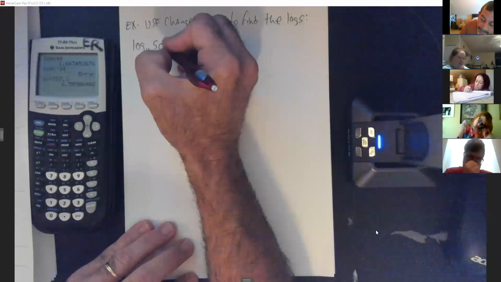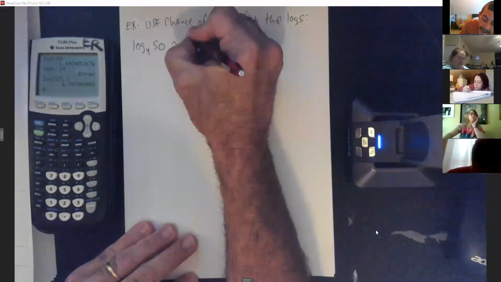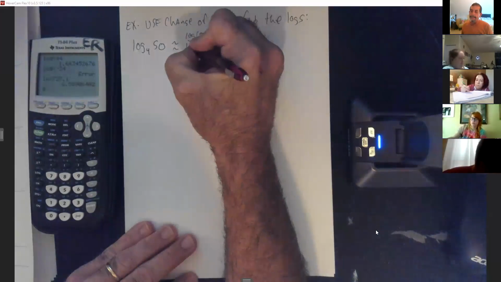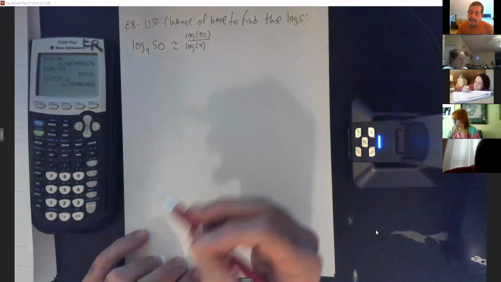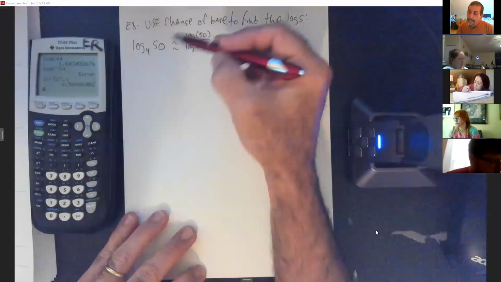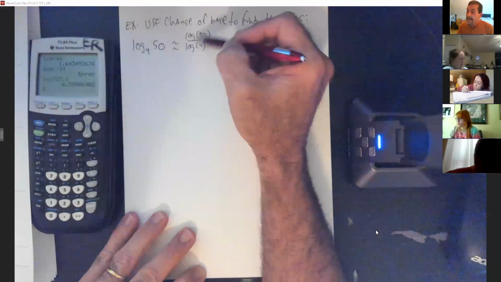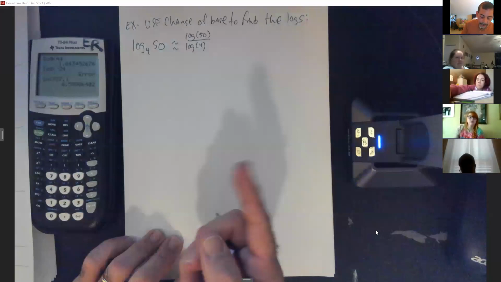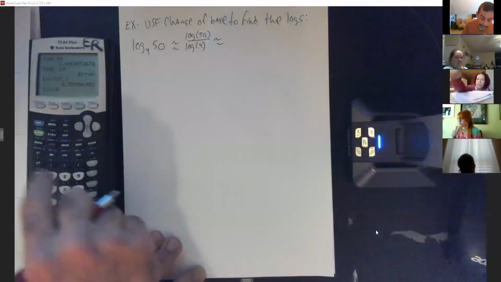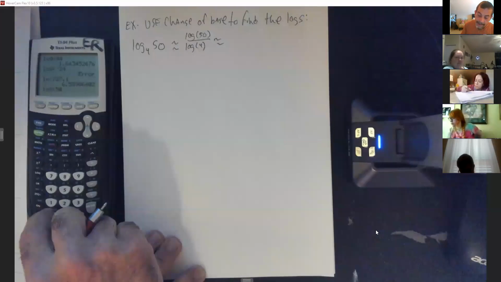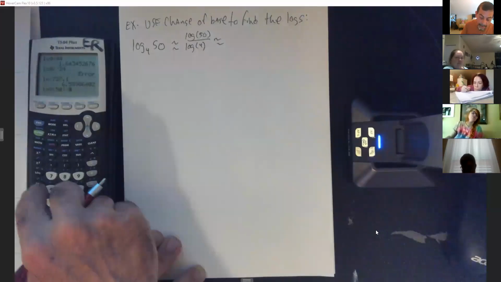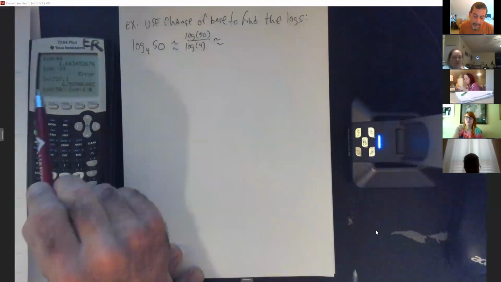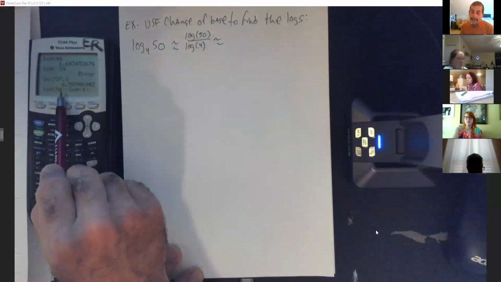So change of base means I'm going to take the log of the 50 and divide by the log of the 4. You can use log for both of these, or you could use the LNs for both and get the same answers. So when you punch in log 50, close the parentheses, and then divide by log 4 and close its parentheses. If you don't close parentheses on the 50, it will definitely mess this problem up.